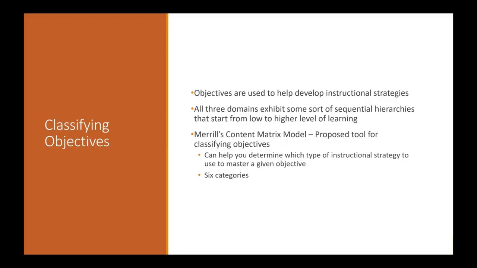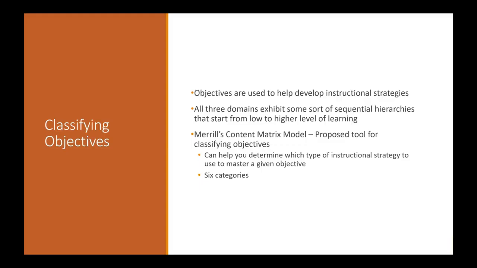First, we talked about how sometimes those objectives are interrelated. So one objective might fall into more than one domain, and therefore it isn't exclusive to one level of learning. Therefore, the instructional strategy may not be useful for handling both types of domains.